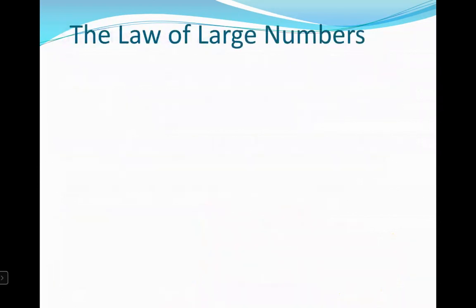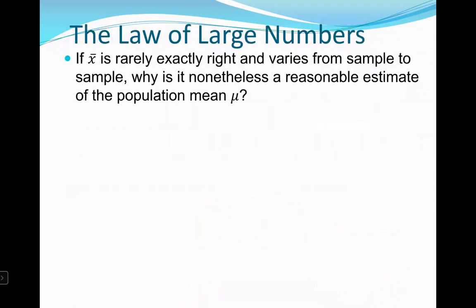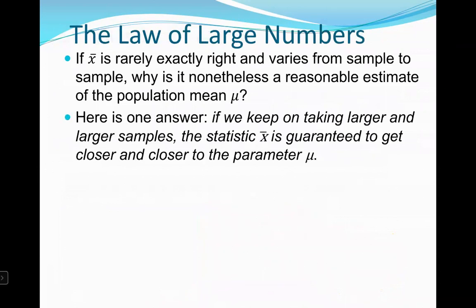The law of large numbers. If X bar is rarely exactly right and varies from sample to sample, why is it nonetheless a reasonable estimation of the population mean, mu? Here is one answer. If we keep on taking larger and larger samples, the statistic X bar is guaranteed to get closer and closer to the parameter mu.